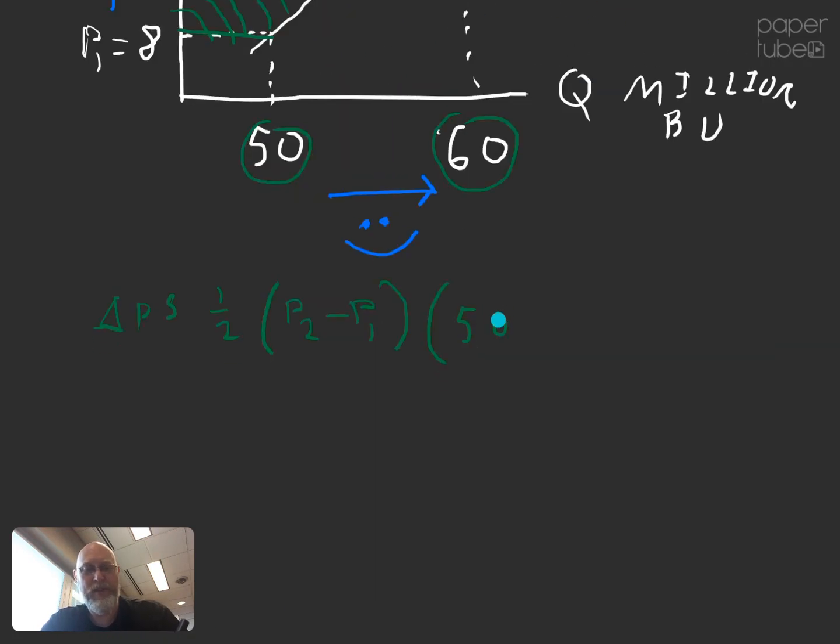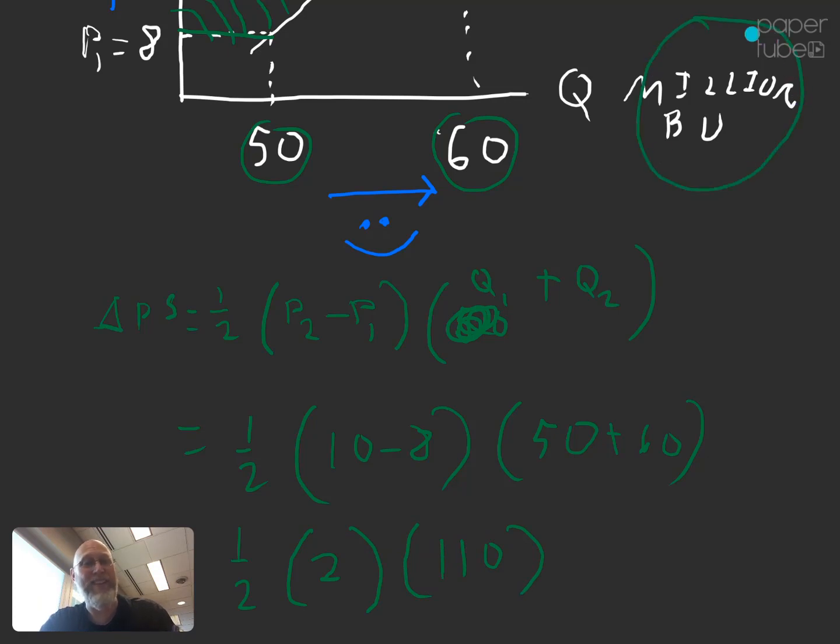So 50 plus 60, or Q1 plus Q2, and we'll plug the numbers in. 1/2, 10 minus 8, 50 plus 60. So that's going to be equal to 1/2 of 2 multiplied by 110.